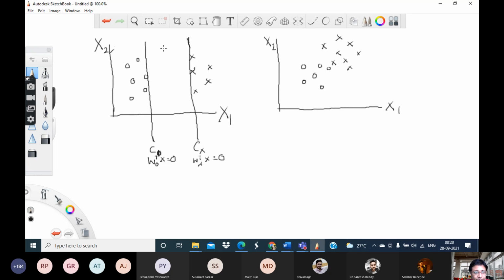Now consider a third line, something like this. Let me call this just W transpose X equal to 0, that is, C. So this one also satisfies that same criterion: all the circles are on one side, all the crosses are on the other.